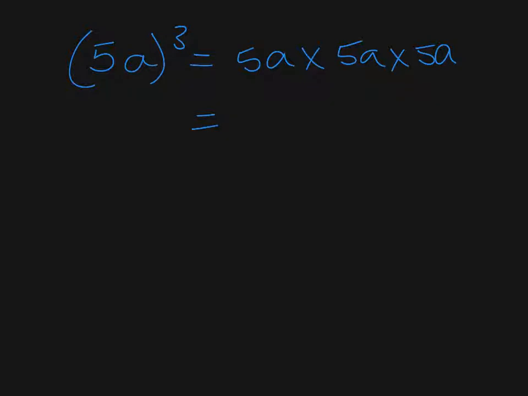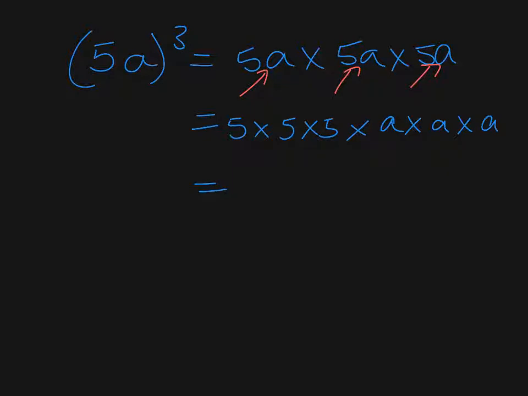So remember, in here, there's an implied multiplication. So to further expand it out, we could go 5 by 5 by 5 by a by a by a. Okay? Now that we've expanded it, we can now simplify it.